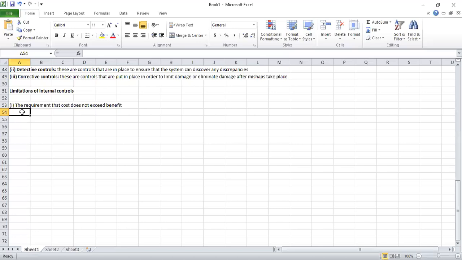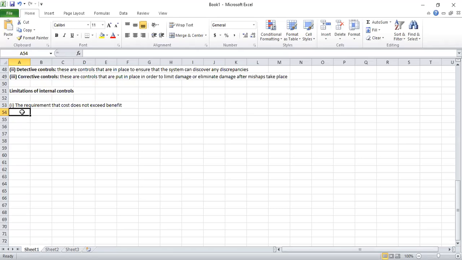The cost. In as much as we might know that there is a CCTV camera system that we should have at our shop, maybe we've been told that it would require a huge amount to implement, and we are just a small shop. We know that the CCTV camera will help us to identify theft and the like, but it might be beyond our cost.